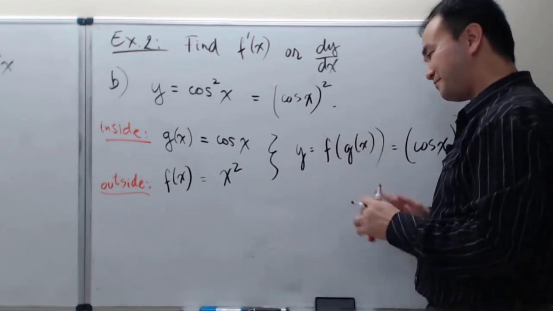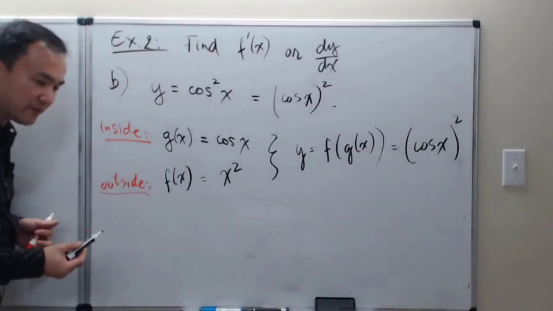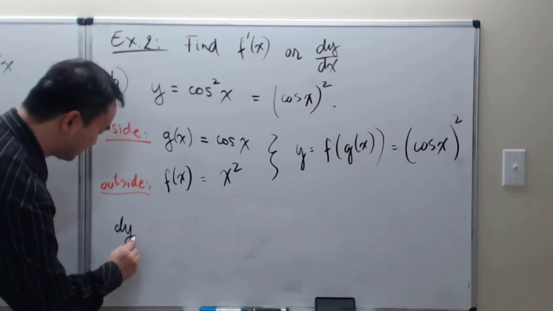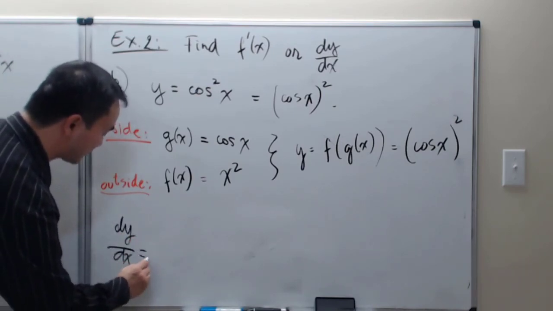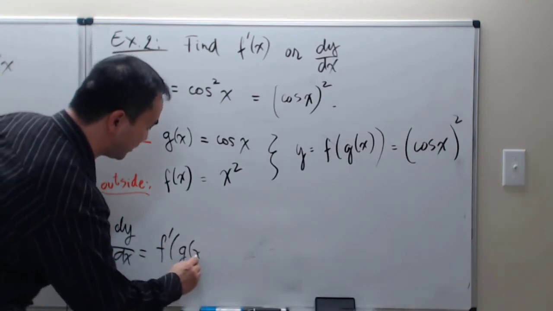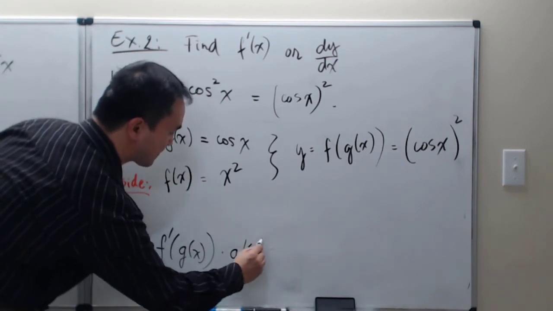All right, so now we are ready for finding the derivative. dy dx, the chain rule says we need to find f prime evaluated at g and multiply with g prime.